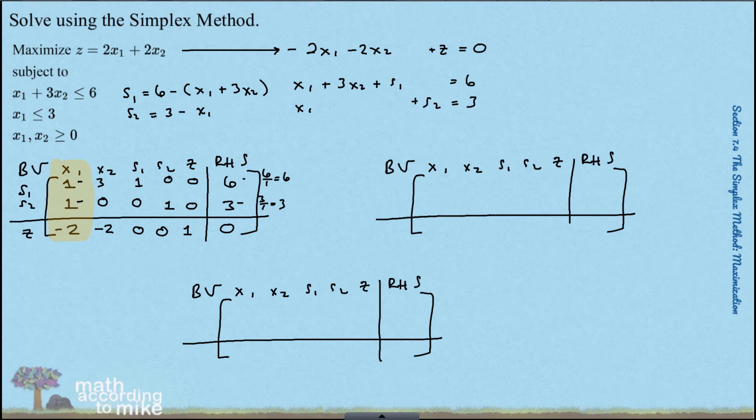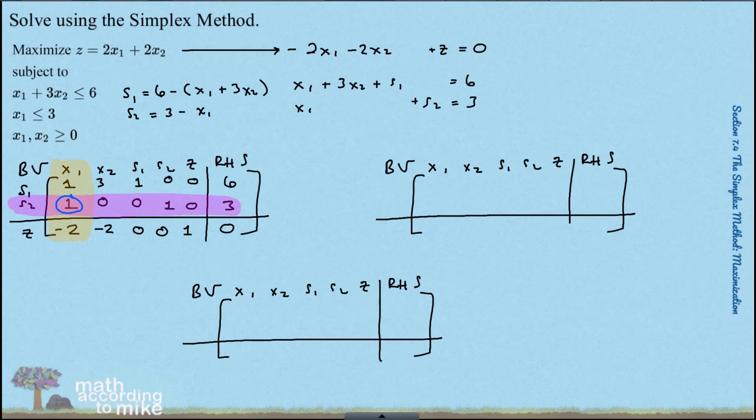Since 3, that ratio, is smaller than 6, then let me undo those things because I don't want them in the way. Then we take this color. This is our pivot row, which makes the intersection our pivot element.